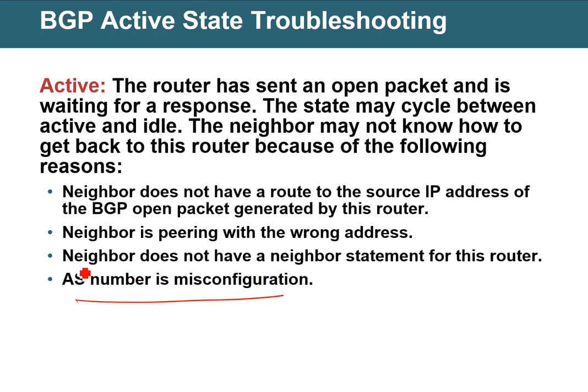If the neighbor statement itself is not configured on one of the routers, the neighbor will not come. If one of the neighbor addresses is wrong, or you should have sourced it with loopback, but you failed to say the update source command. Now, if you make any one of these mistakes, the neighbor won't come up.